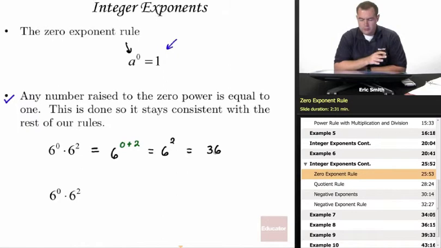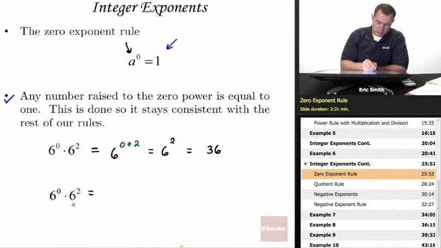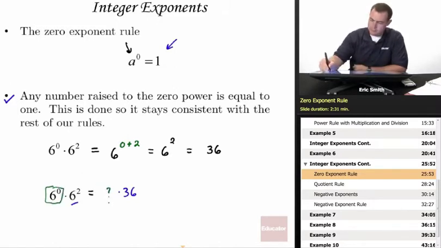Now, for this rule to stay consistent with that, I need it to also equal 36. And you can see that if I look at just 6 squared by itself, this guy over here, that does equal 36. So what should I call this thing to multiply by 36 so that my final result is 36?